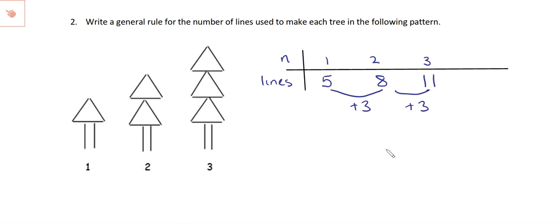Step 3. You write the first part of the general. So that would be Un equals plus 3n. 3n. Okay?